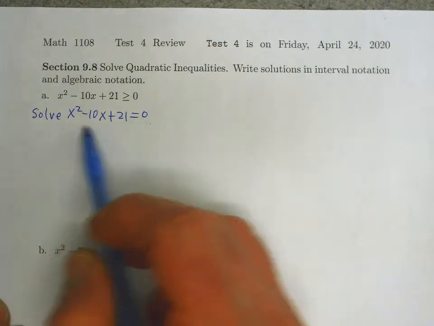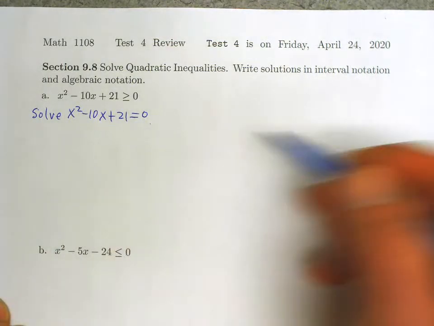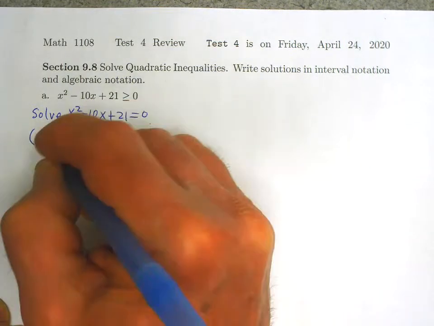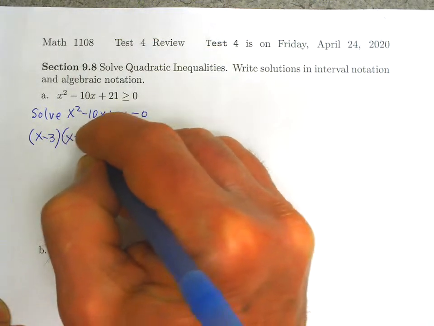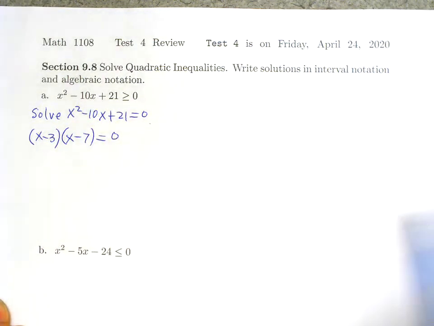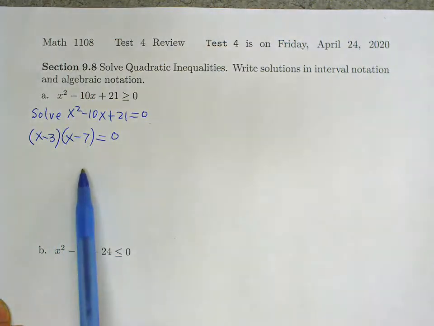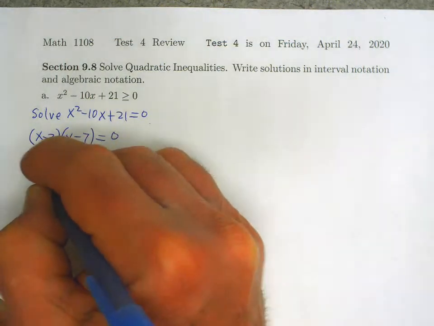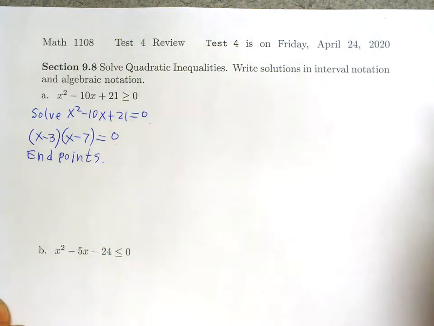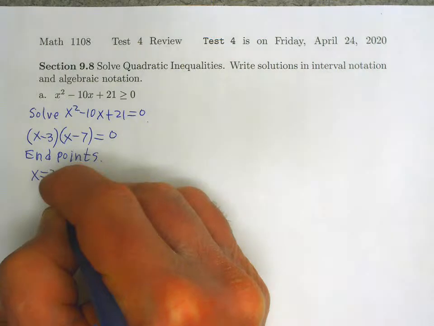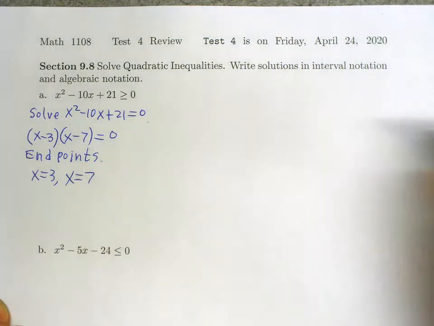And we can solve this equation easily enough by factoring. One factor is x minus 3, and the other one is x minus 7. So the endpoints, the numbers that divide the number line into separate intervals are x equals 3 and x equals 7.